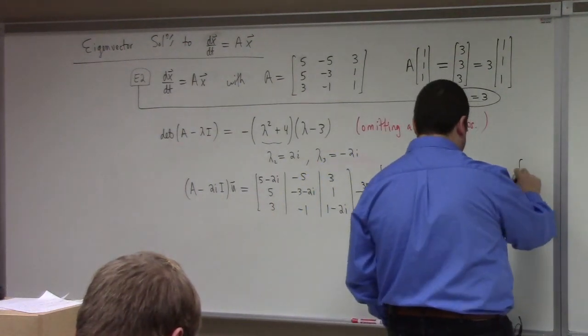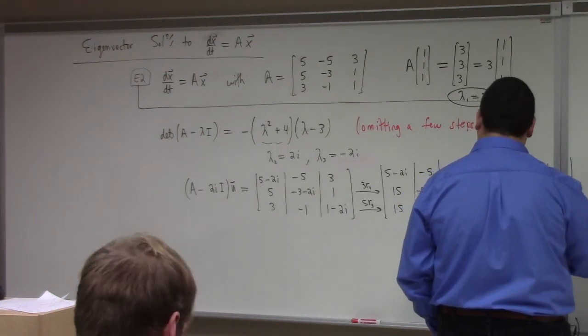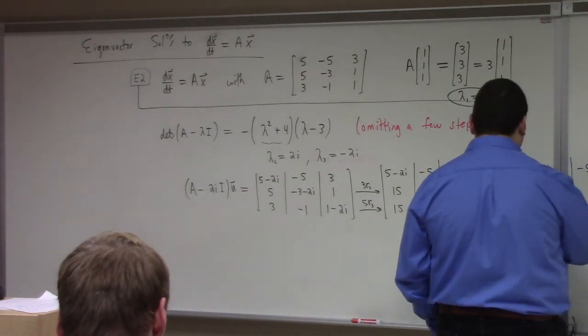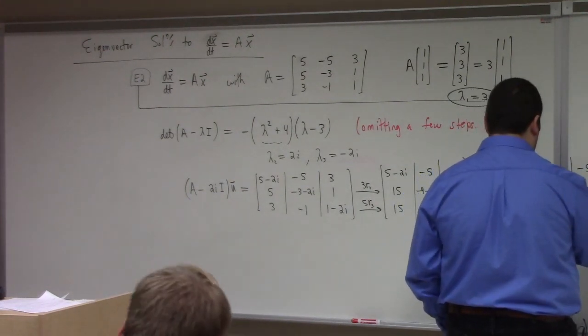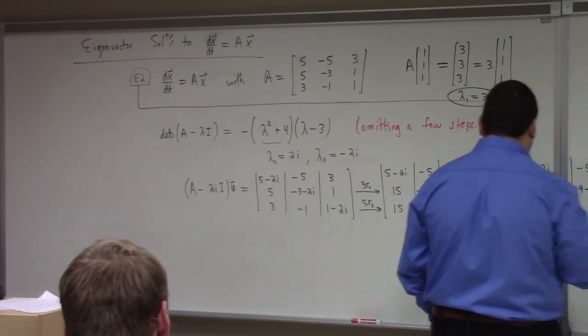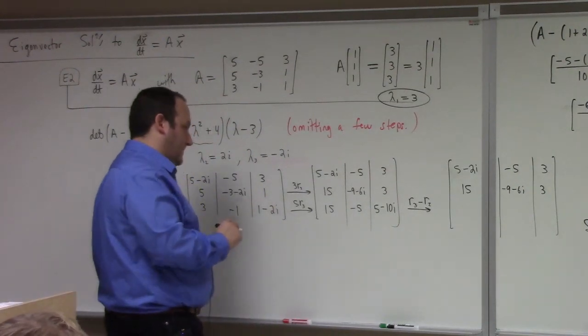What's that give me? So I'm leaving row 2 and row 1 alone. Those stay as stated. And what happens with row 3? Yeah, I get 0.